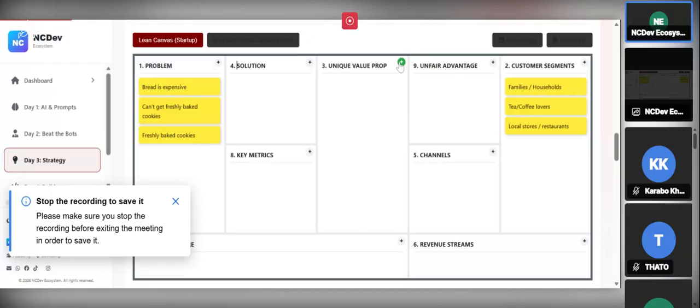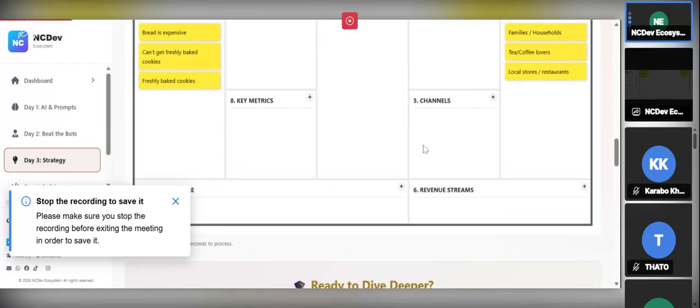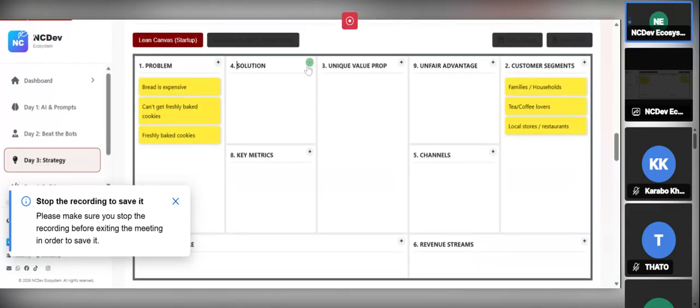Okay, what makes us better, and then another thing is you'll see on the lean canvas model, we also try to identify in terms of your customer segments who will be your early adopters.